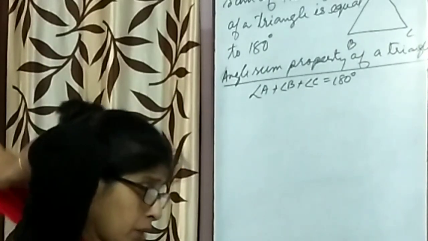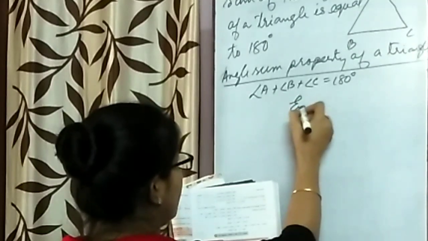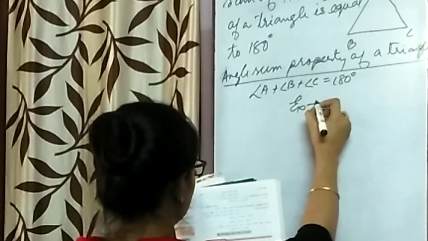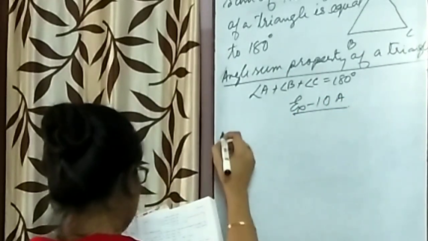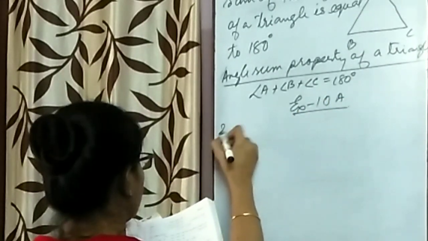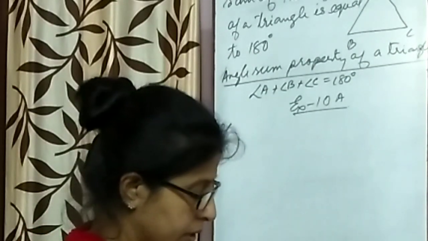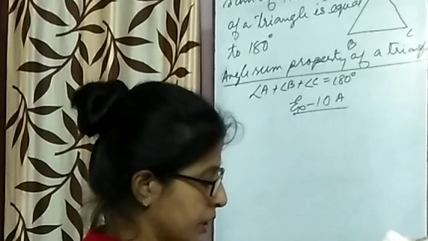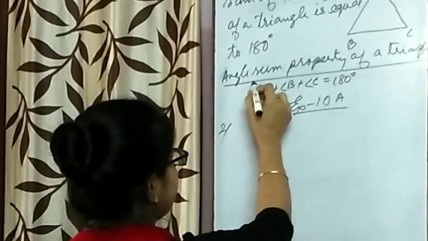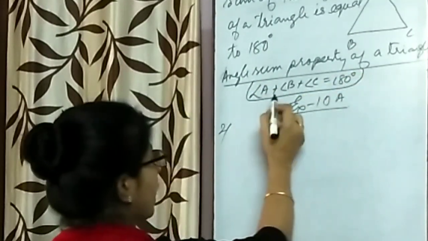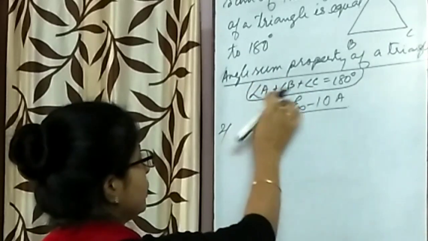Let's do a few sums to clear the topic. I have taken the Ratnasagar book as usual and am doing exercise 10A, question number 2. If the measures of two angles of a triangle are 52 degrees and 78 degrees, find the measure of the third angle. Obviously, whenever we need to find any one of the angles, we need the measurements of the other two angles.